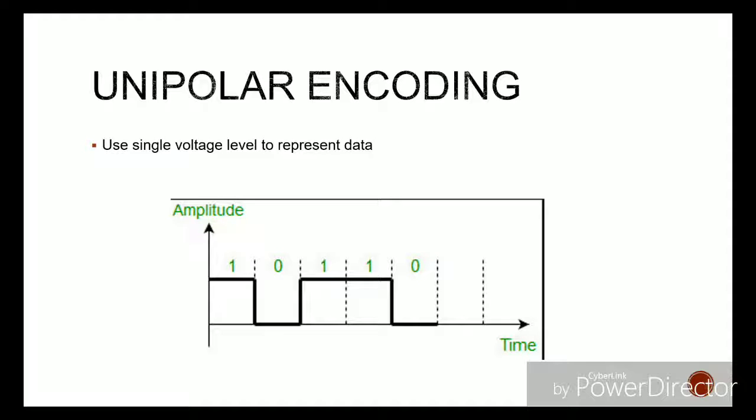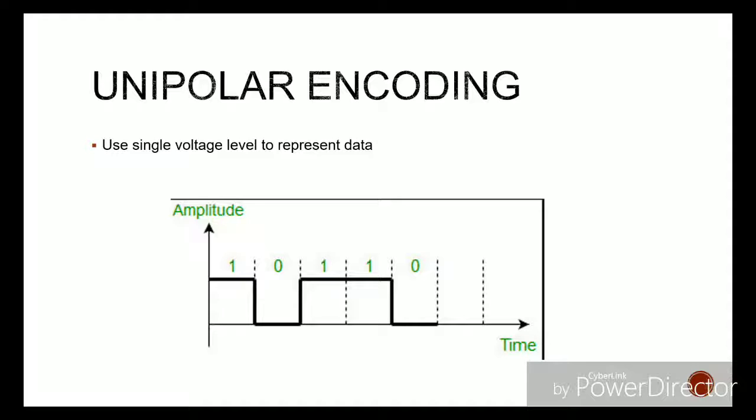We are just using a single voltage level to represent data. The main concept of unipolar encoding is that the data has to be converted into a signal. What type of data and how much voltage level you require is the concept.